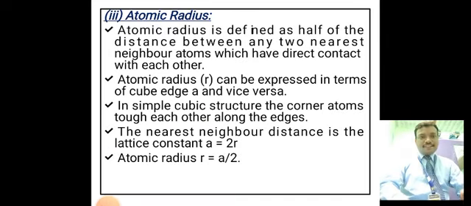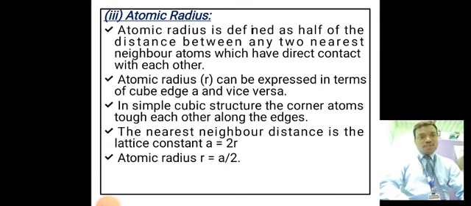Then the third one is the atomic radius of the simple cubic. Atomic radius is half of the distance between any 2 nearest neighbor atoms which have direct contact with each other. The atomic radius, represented by the letter small r, can be expressed in terms of the cube edge and vice versa.